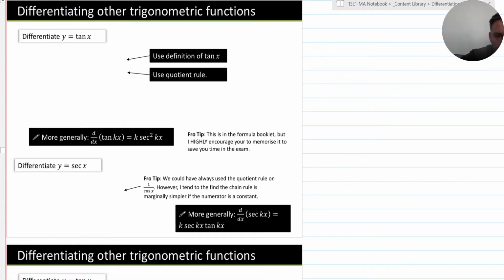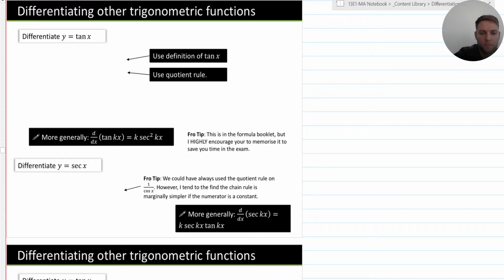So to do this, there are loads of formulas which you'll need to know for this, and you're not expected to know all of these. Some of them you're expected to prove. So, for example, to differentiate tan, sometimes they ask you to prove that, but the majority of them, you're actually given, and you need to use them.